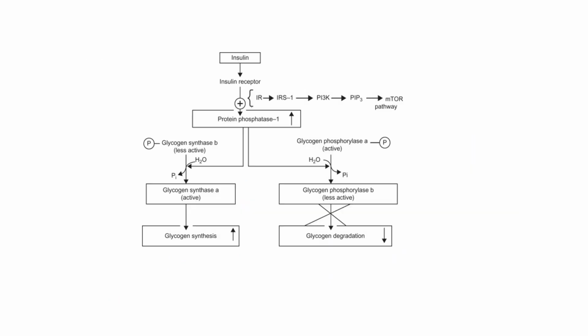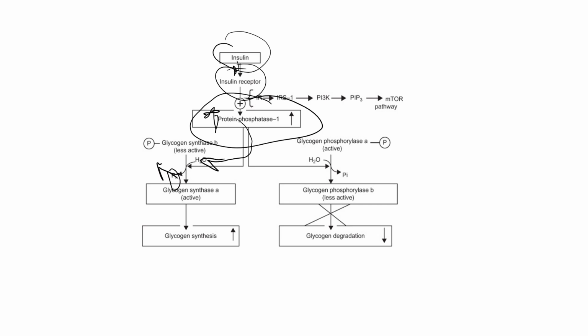The exact pathway by which insulin binding to the insulin receptor activates protein phosphatase, I would not say is all that clear. But what we do know for sure is that when insulin binds to the insulin receptor on skeletal muscle cells, we get an increase in the activity of protein phosphatase. And as you can see over here, what protein phosphatase does is it goes over to glycogen synthase and dephosphorylates it, removes the phosphate from it, and makes glycogen synthase active, which increases glycogen synthesis.